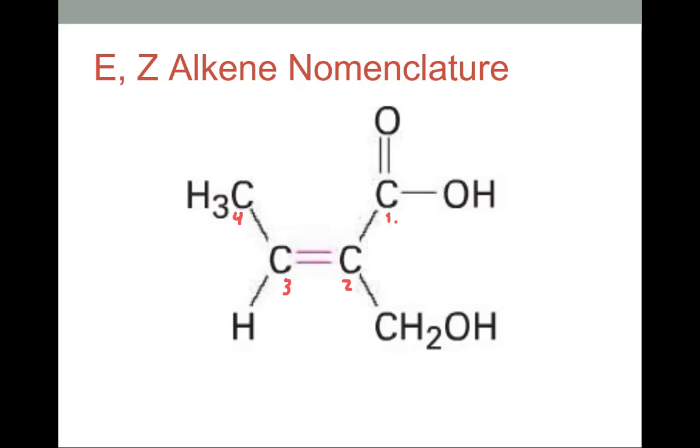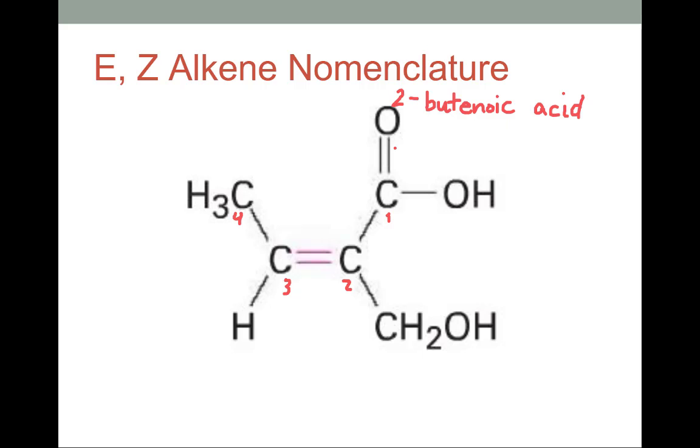Now, we haven't learned how to name carboxylic acids yet, but it turns out that they are an even higher ranking group than the alkene. So the name is going to end with the carboxylic acid naming. If this were an alkane down here, no double bond, I'd say butanoic acid. But you guessed it, with the alkene, I'm going to call it a butenoic acid. That's 4 carbons with an alkene somewhere, carboxylic acid.